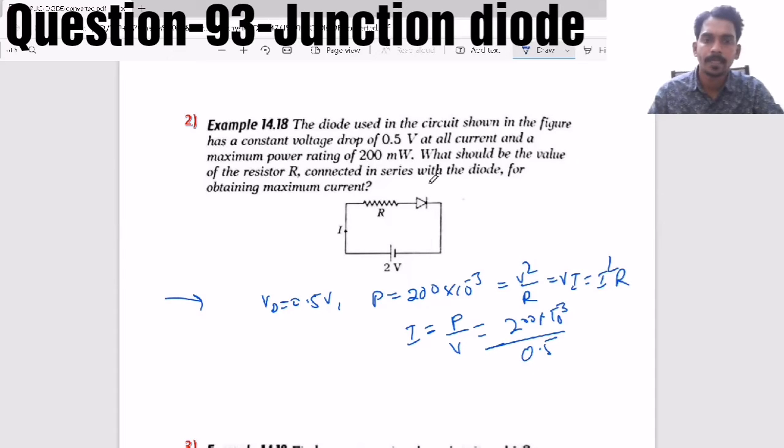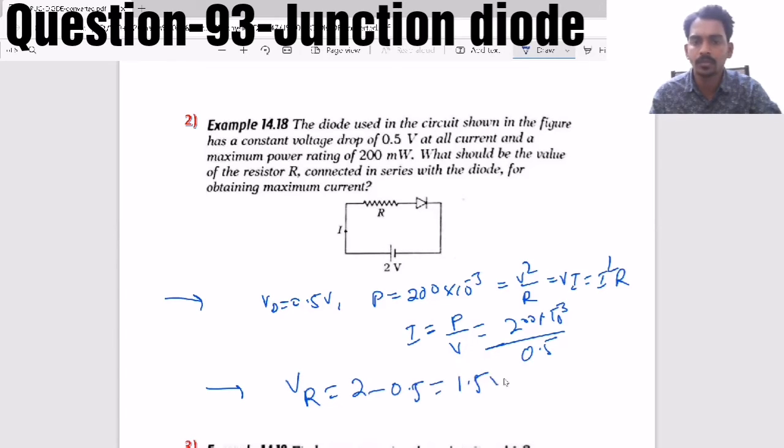Now the total voltage applied is 2 volt. The voltage across the resistor will become 2 minus 0.5, that is 1.5 volt. The voltage across a resistor is I into R, but both are in series, which means the current must be the same.